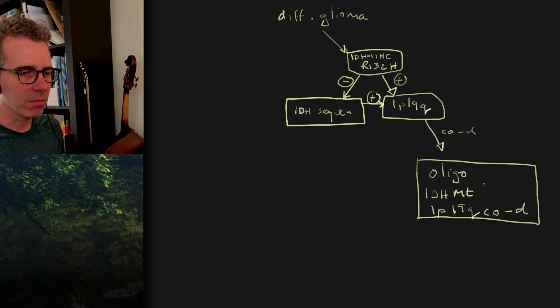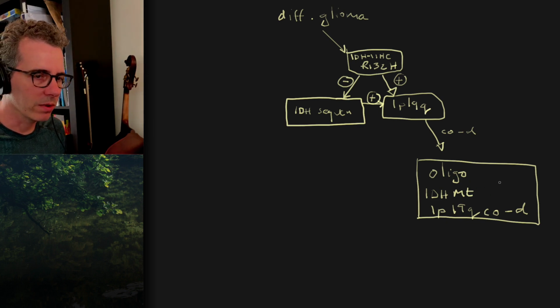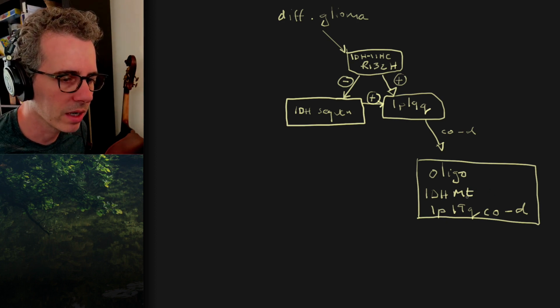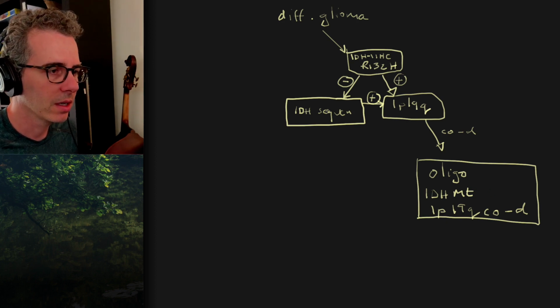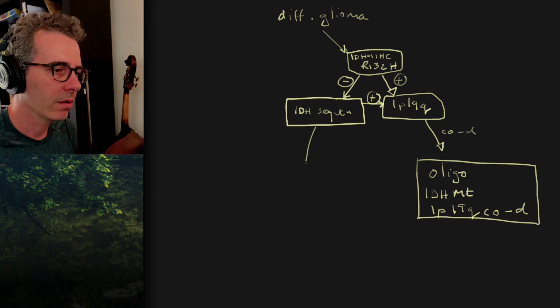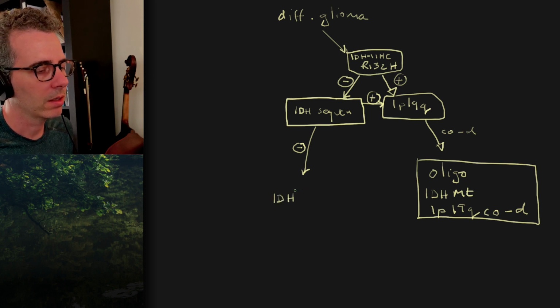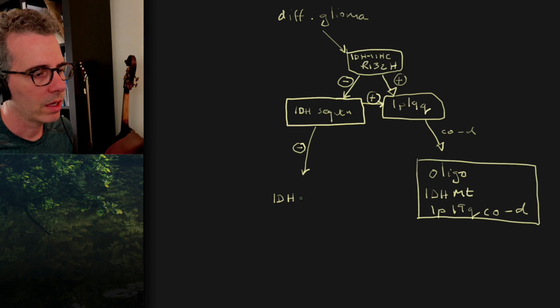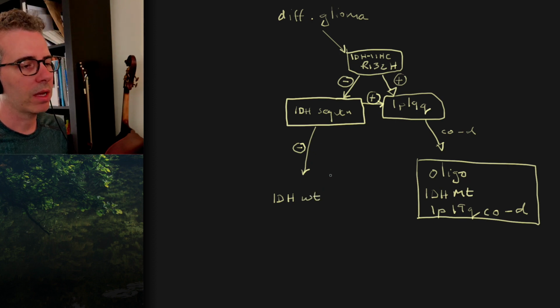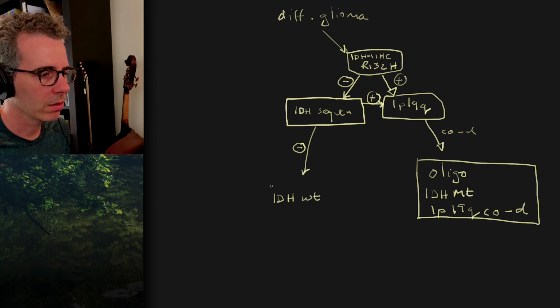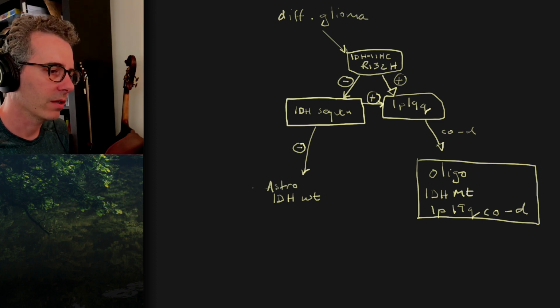So the mutant here can be the common R132H mutant, or it can be any other combination of IDH mutations. If this is negative, then we have an IDH, what do we call it when it's negative? Wild type? Yeah, wild type. Okay, and then it can't be an oligo, so it's a diffuse astro.